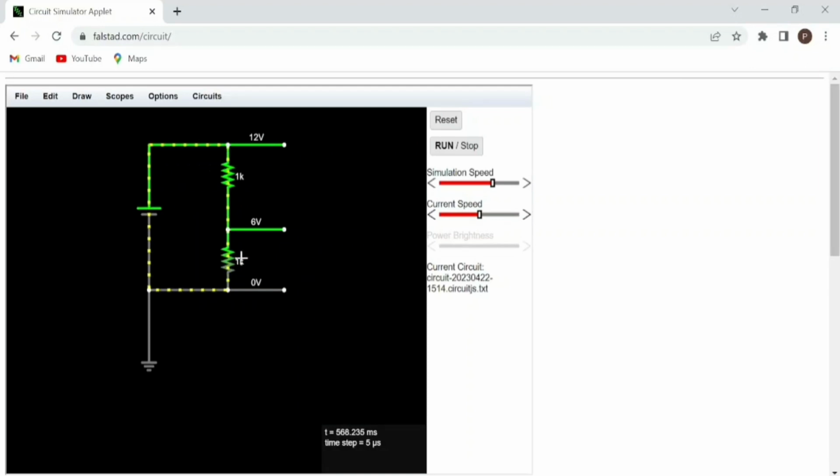In this simulation example, I have taken both the resistances as 1 kilo ohm. You can observe that I am applying 12 volts across both the resistances, and that voltage is getting divided equally between the two resistors. Across this resistance we have 6 volts, and across this one also we have a 6 volt drop.